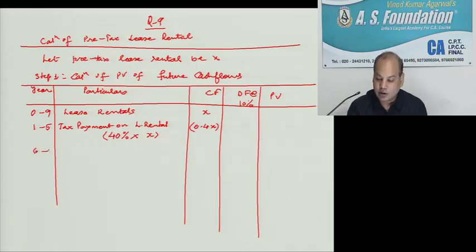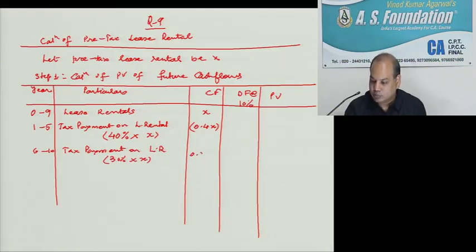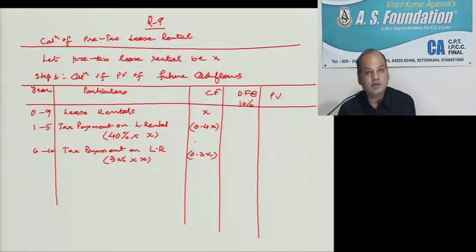Then 6 to 10, again write the same line, tax payment on lease rental, 30% into X. How much? 0.3X in bracket. It is a payment, right, in bracket. Visualize what is happening.